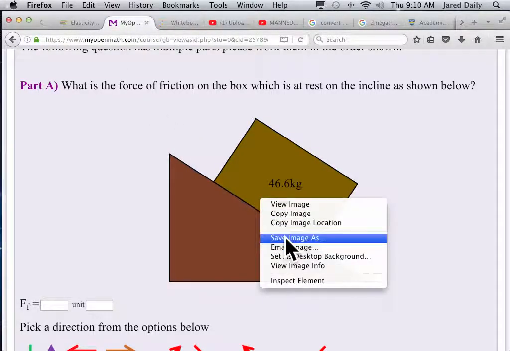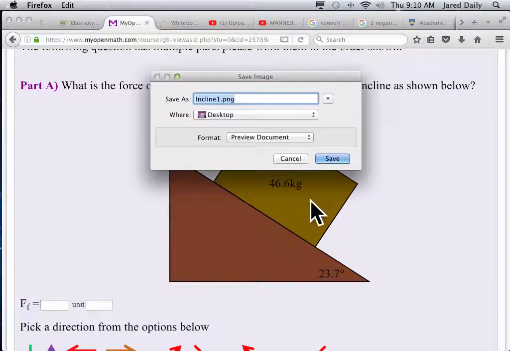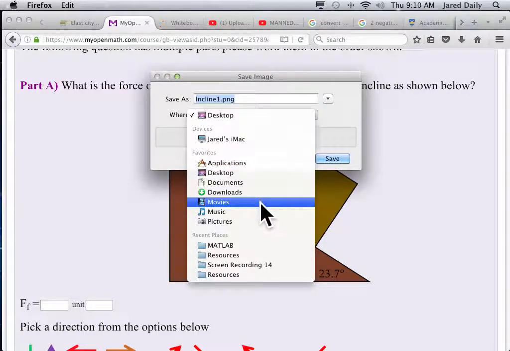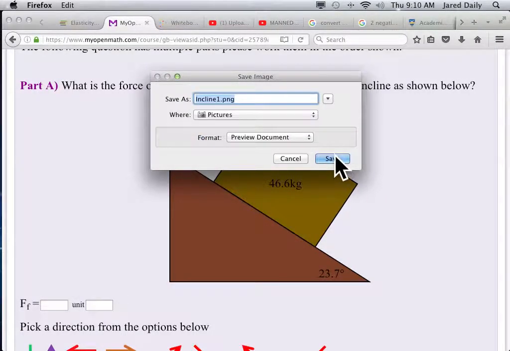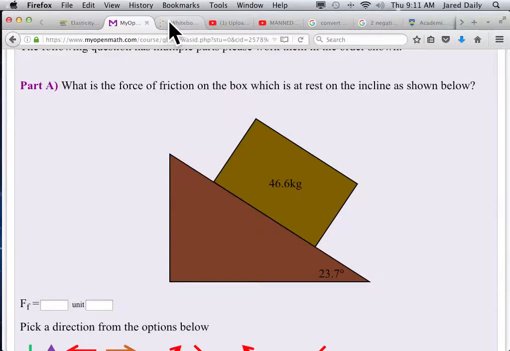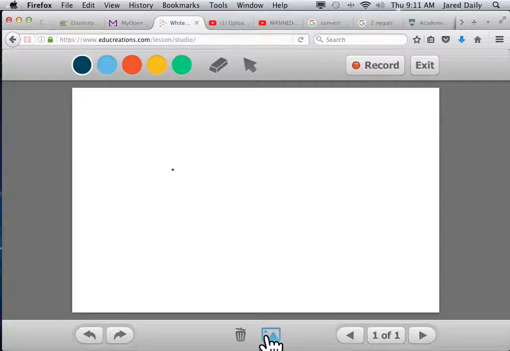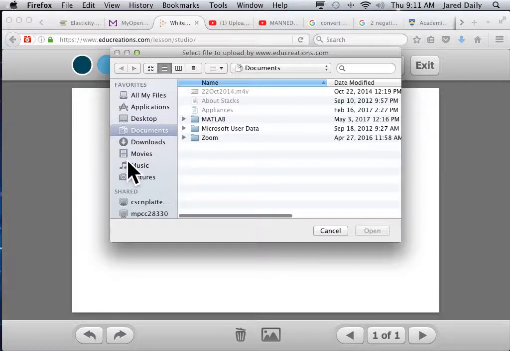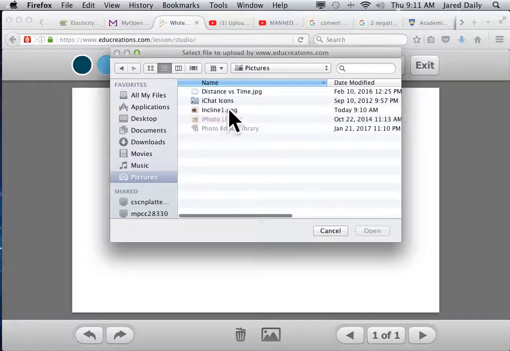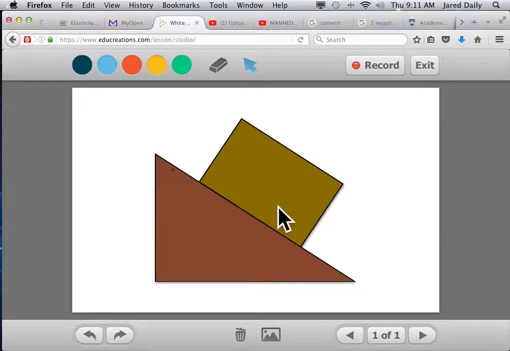Let's save this image. All right. Okay, here it is right here, right?